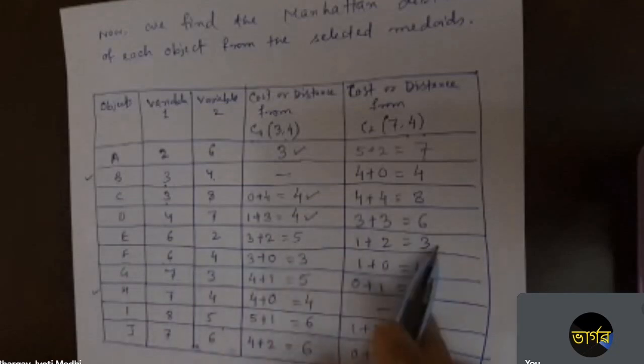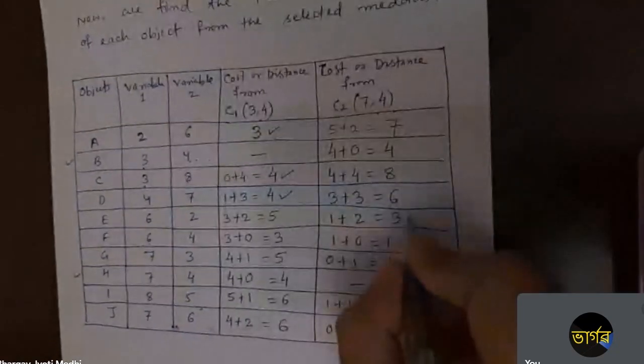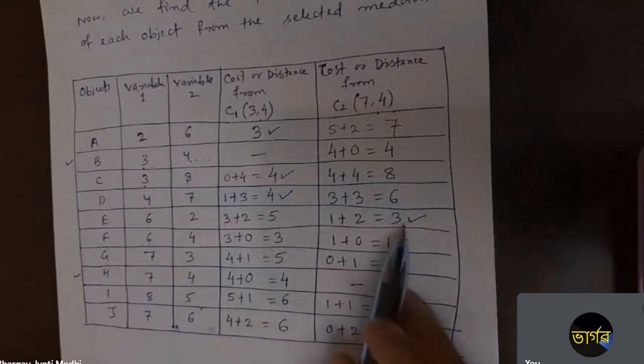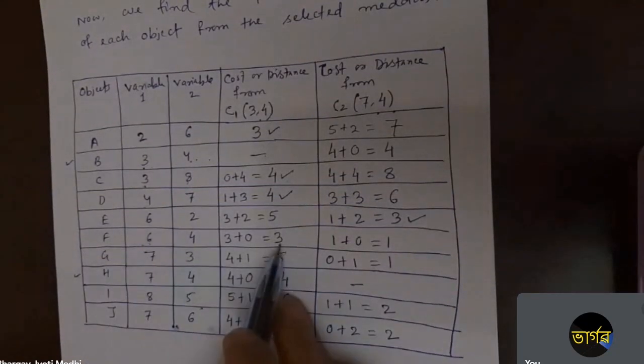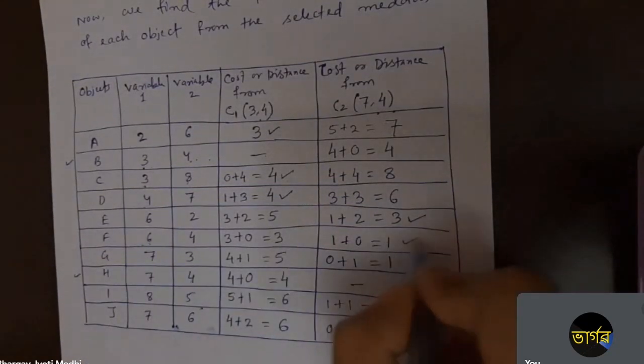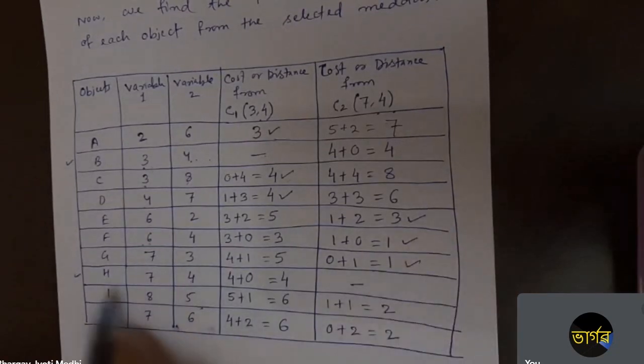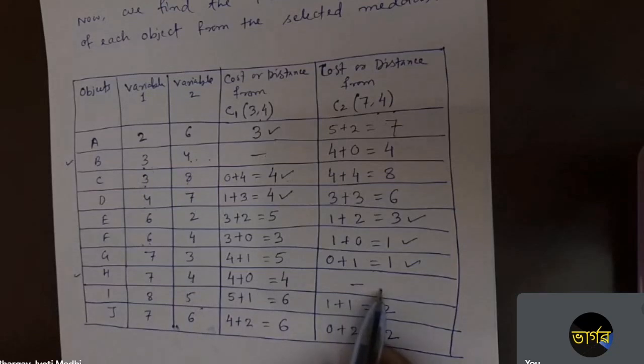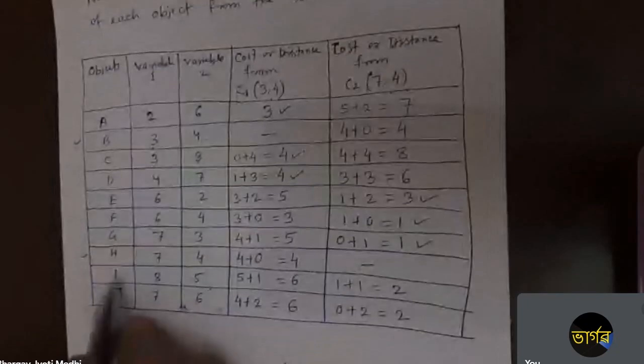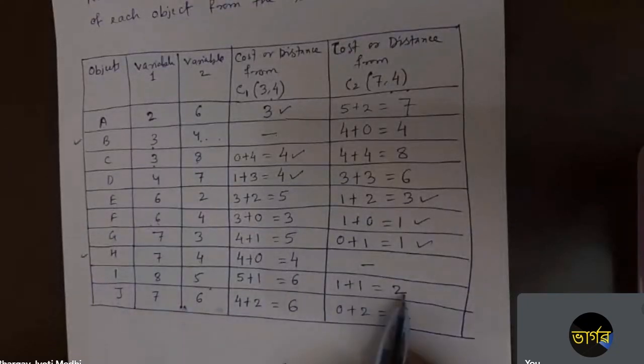It will enter cluster 2 because 3 is smaller. F, 3 and 1, cluster 2 যাব. G, 5 and 1, cluster 2. H, 4 and 0, already it is there in cluster 2, 0 মানে ইয়াতে cluster 2 ত আছে, গতিকে একো কৰিব নালাগে. I point, 6 and 2, it will go to cluster 2. J point, 6 and 2, it will go to cluster 2.